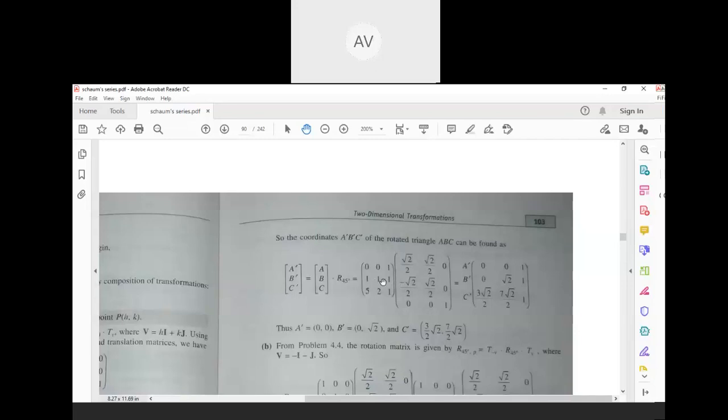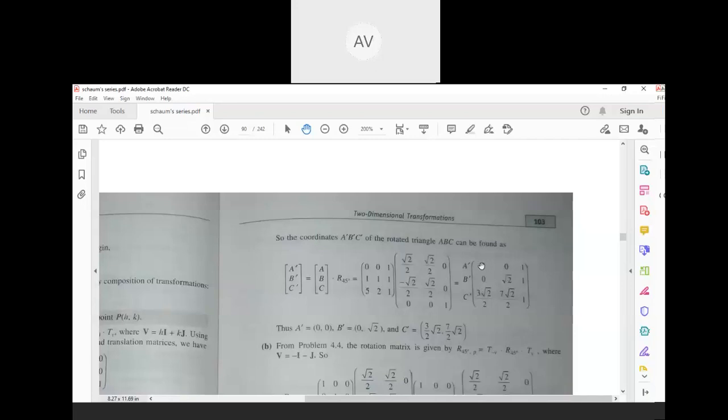Then first row into second column, first row into third column. Then second row into first, second, and third columns. Then third row into first column, third row into second column, and third row into the last column, you will get these values.